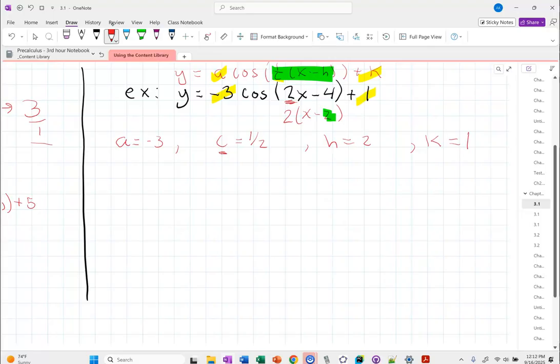Everybody see what we saw? So the h, there's 2 things we have to worry about, right? One, you have to make sure that you factored inside the parenthesis if there's any factoring that can be done, because the h might be hiding. And 2, the h is always the opposite sign that it looks like in the formula, right? Here it says x minus 2, but the h is positive.